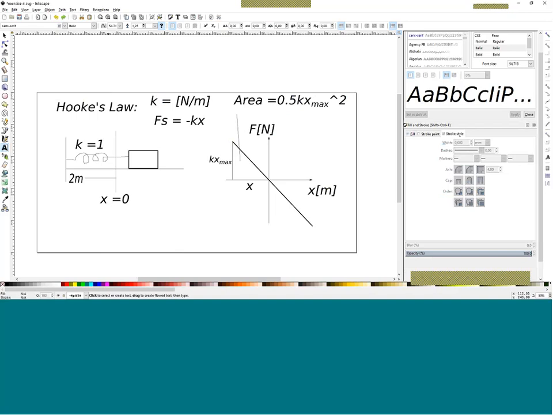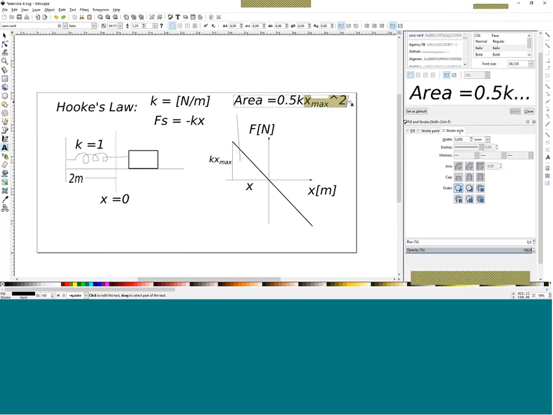Remember, we talked earlier that if we find the graphical representation of the spring, we can use the area underneath to determine the work done. And we realize it is 0.5, which is the area of a triangle, times the linear constant k times x squared. So hopefully that explains that.